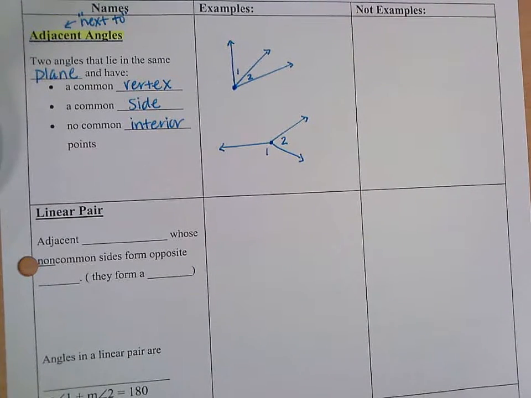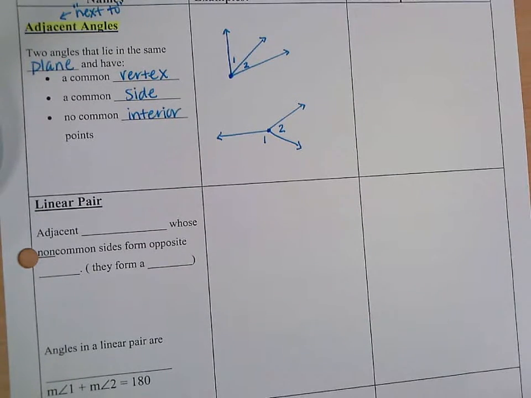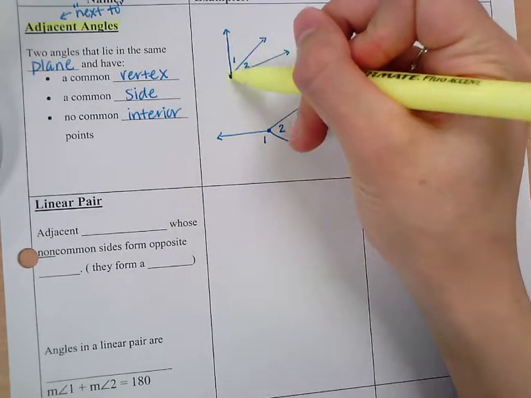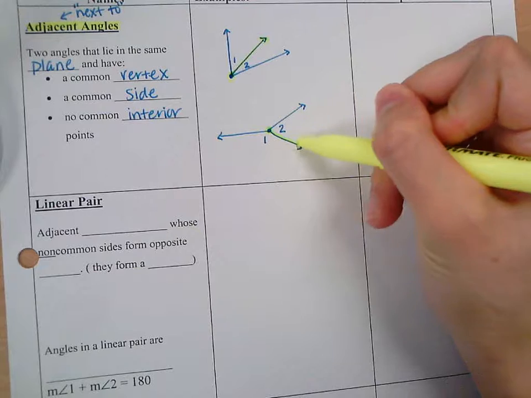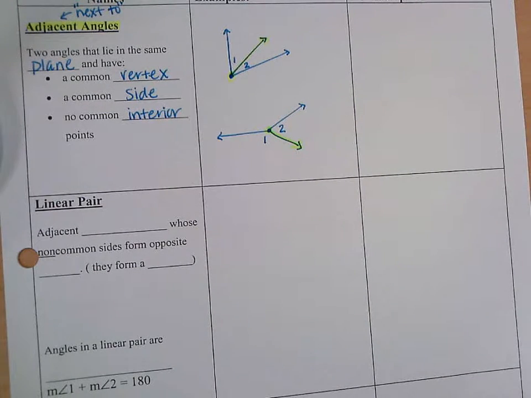They share a vertex. They have a common side. Maybe I'll even highlight that. Vertex, common side, vertex, common side. So that's the key. Share a vertex, have a common side. But notice it's not like one of the angles is inside of the other one.